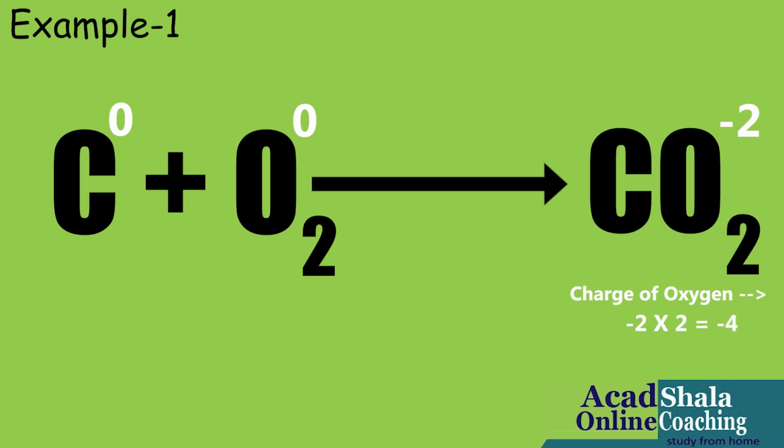I have done the calculation. If O2 is -4, now I have come to know that carbon will be +4. Now I got it. That means carbon behaves as positive or negative on the basis of the element which is attached, and to know that, I have done the calculation, and then I have come to know that carbon will attain +4 charge. Okay, now I have done this also.